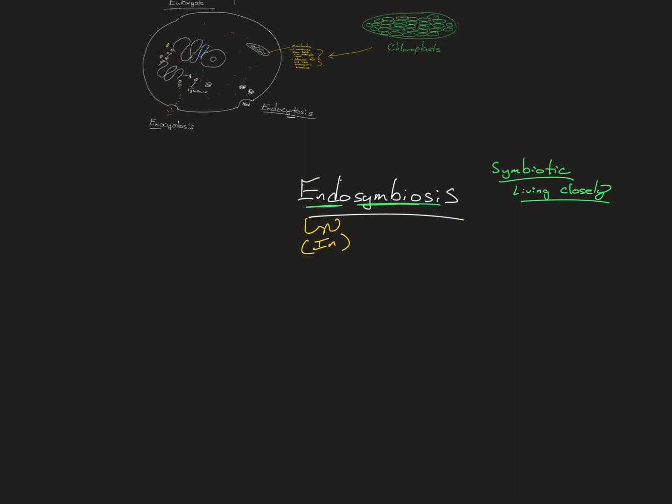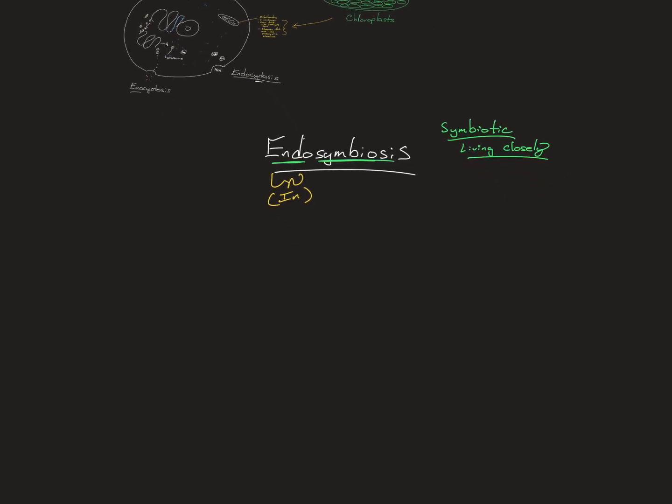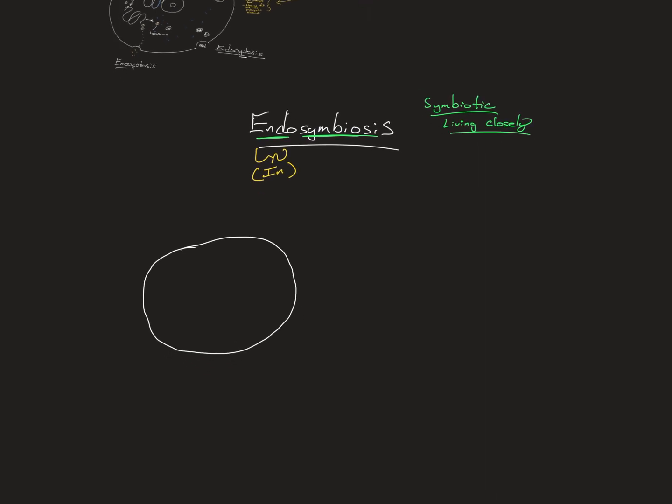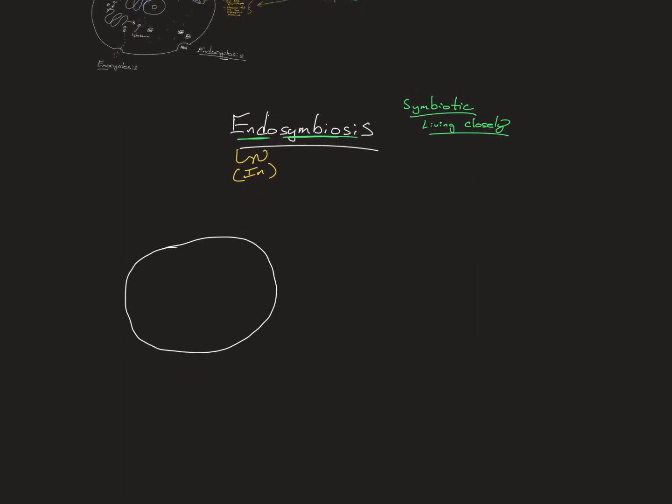But let me show you what the theory is so you understand. How do we explain all this? Well, we think that there was a single-celled creature. When I say creature, I don't mean monster. It's a living thing.